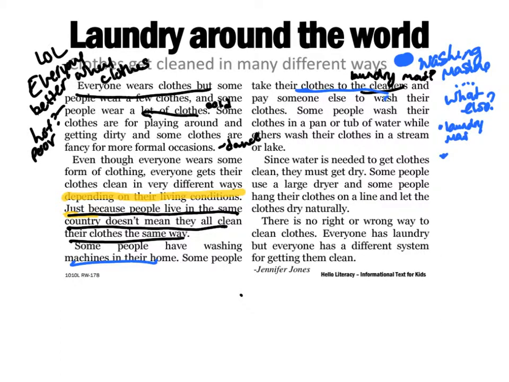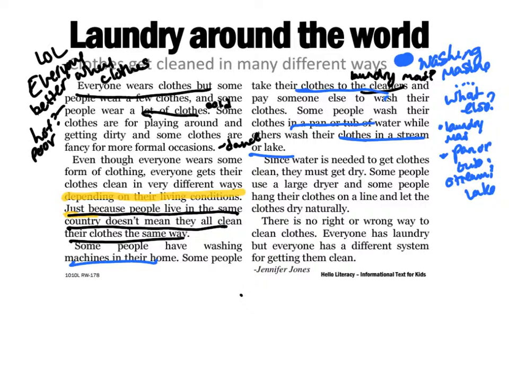We have in a pan or a tub. And a stream or a lake. Wow, that's 4 different ways that we can do our laundry.